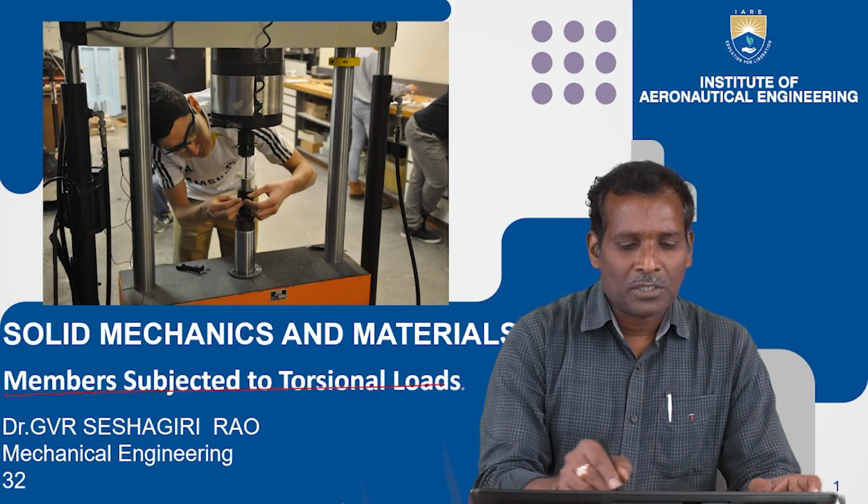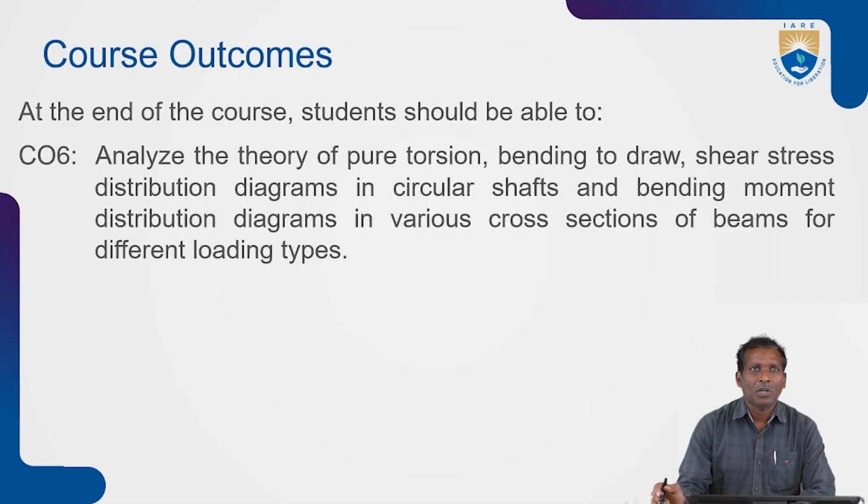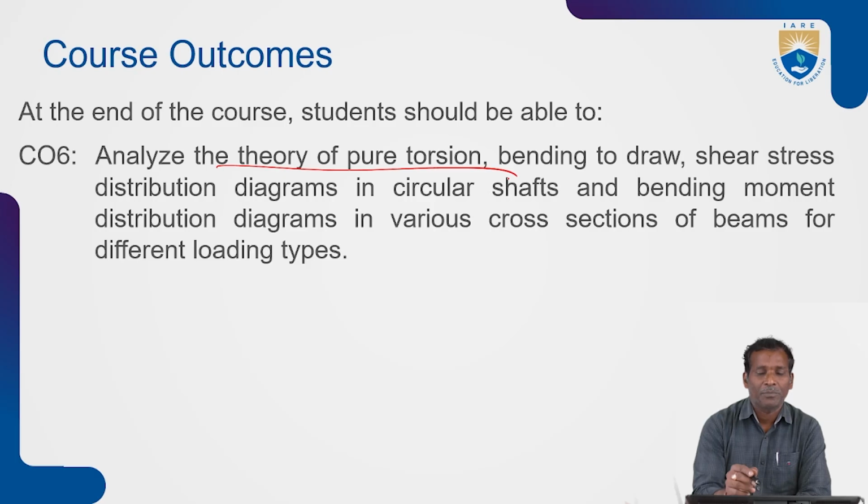The members subjected to torsional loads. The course outcome is that students should be able to analyze the theory of pure torsion: what the equation is and how to derive this pure torsion formula, and how to draw shear stress distribution diagrams in circular shafts.